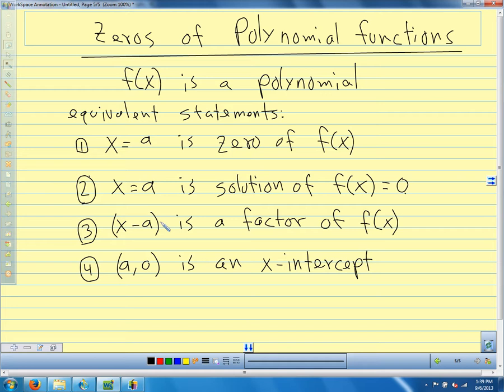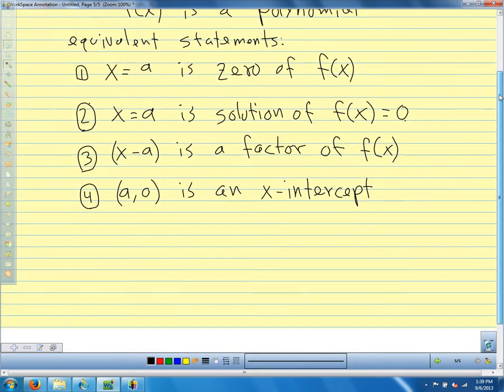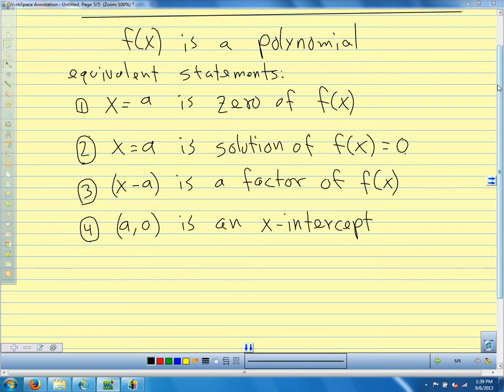We can tell something about the number of zeros based on the degree of the polynomial. By the degree, we're talking about the highest exponent on our variable. And that helps us work on these things.